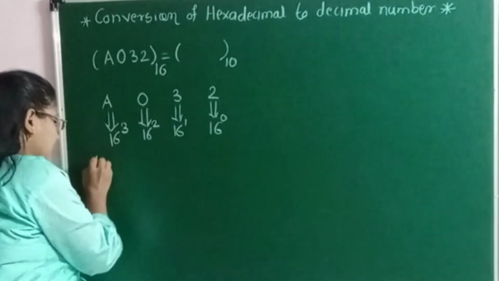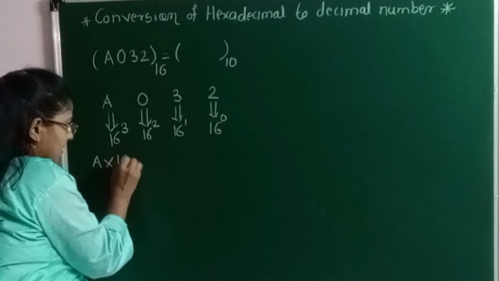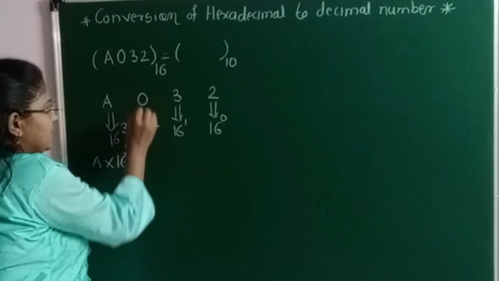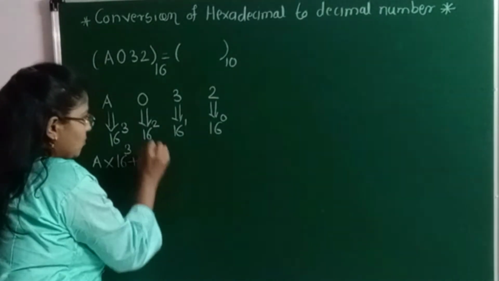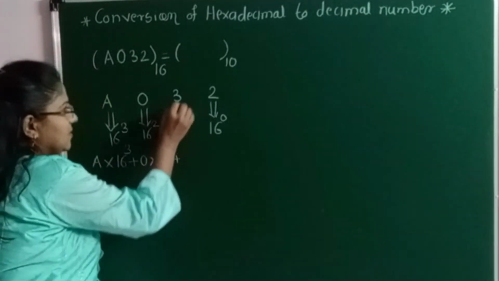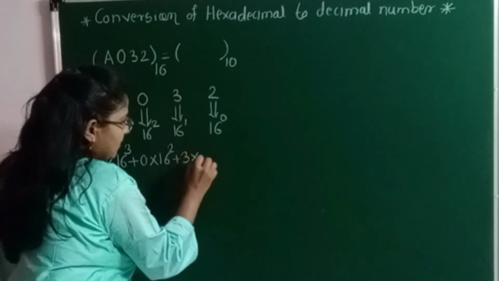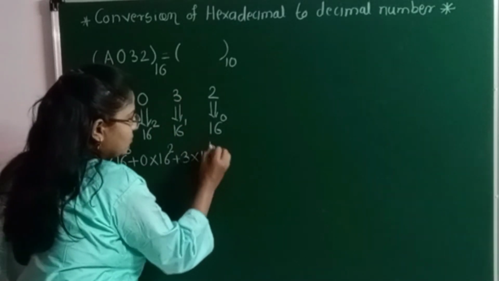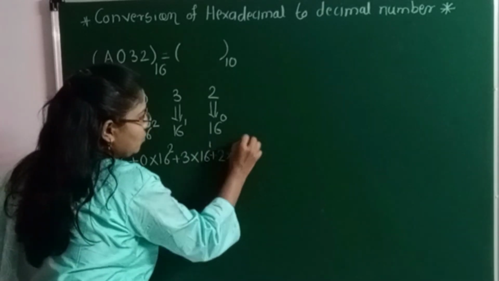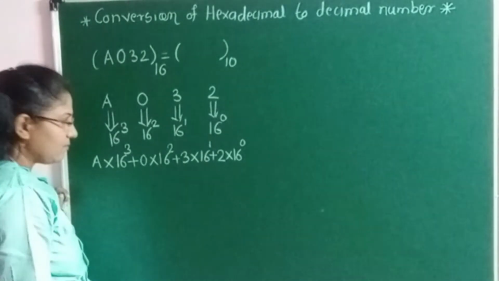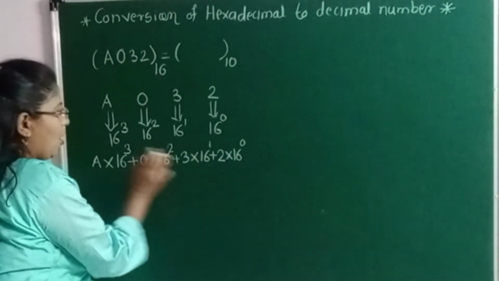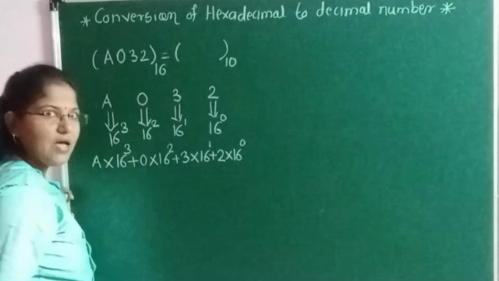So here I will write A into 16 raised to 3, plus the next digit 0, its associated weight is 16 raised to 2, plus the next digit 3, its associated weighted value 16 raised to 1, plus 2 into 16 raised to 0. So finally we are going to take the addition of all these multiplication results.